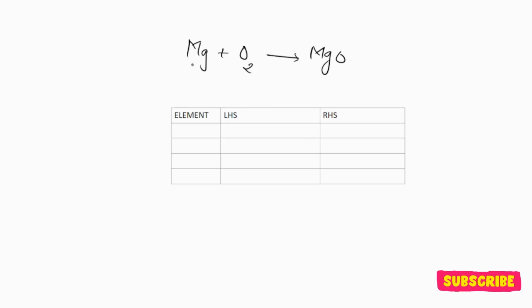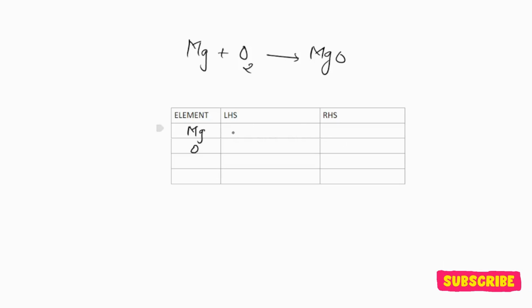Now let us write down the individual elements. On the left hand side we have magnesium and the right hand side also magnesium. On both sides the elements will be common. So magnesium is there and oxygen is there. So only two elements are present on the left hand side and right hand side.